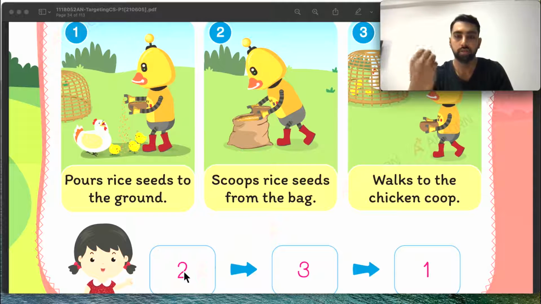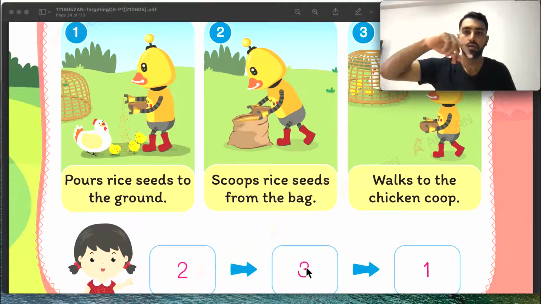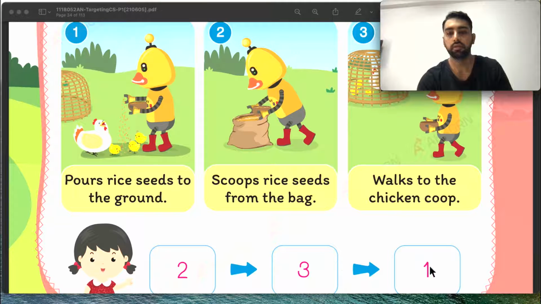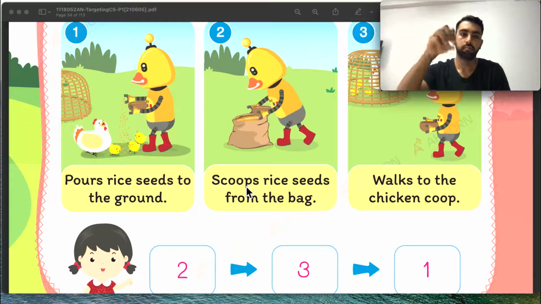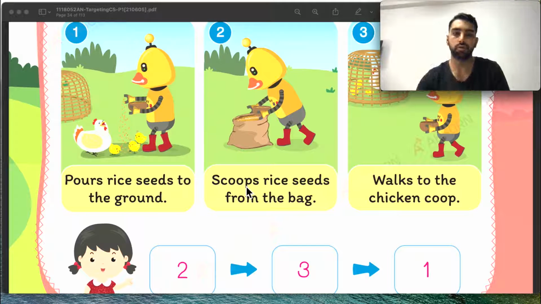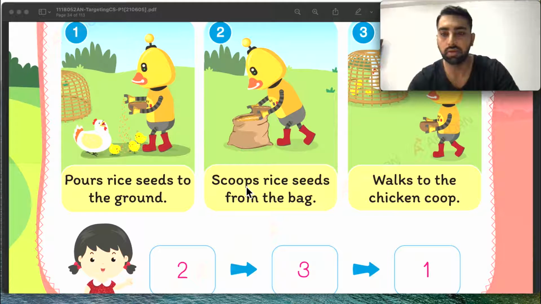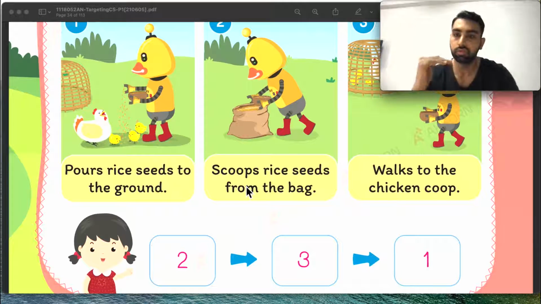Number 3 is second: walk to the chicken coop. And then number 1: pour the rice seeds on the ground. So these are the steps he has to follow to give the food to the chicken. This is how we solve a problem in daily life step by step.